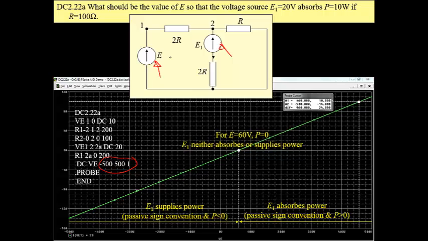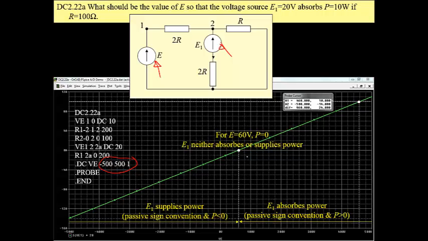And please observe that for voltages of this source that are less than 60 volt, this second source, E sub 1, supplies power. We have a passive sign convention applied, and power is negative. For values greater than 60 volt, power is positive, which means that this source absorbs power, as we have a passive sign convention and power greater than 0.